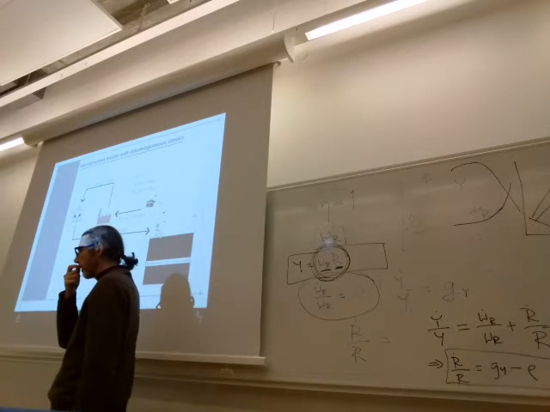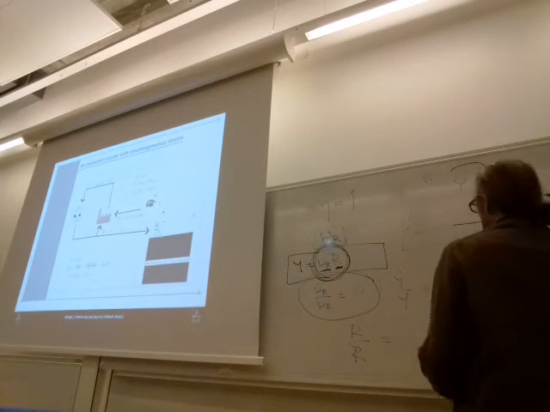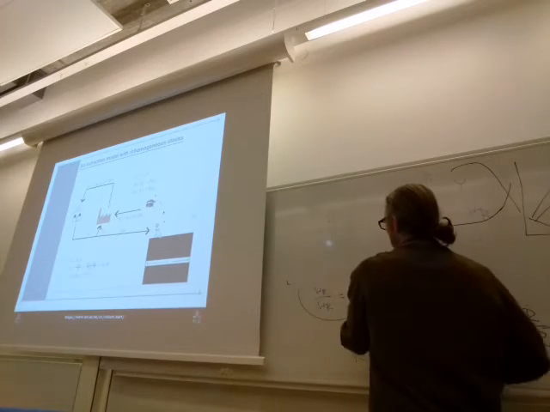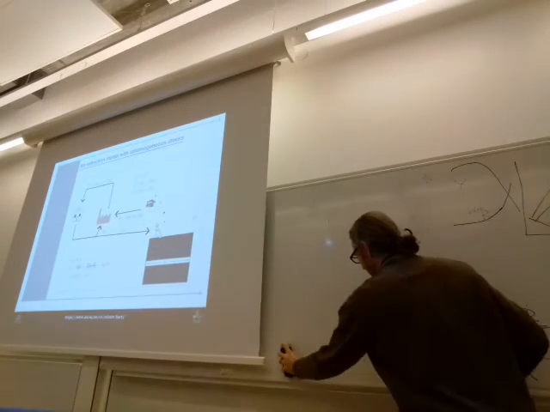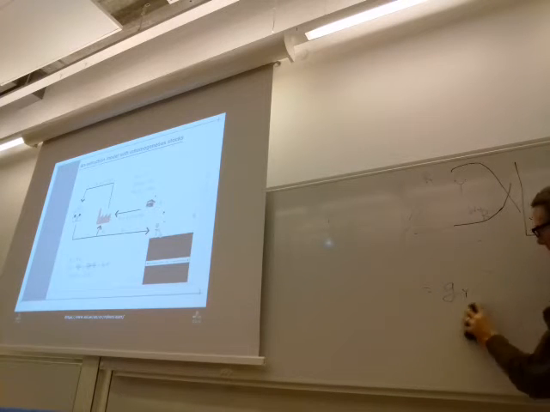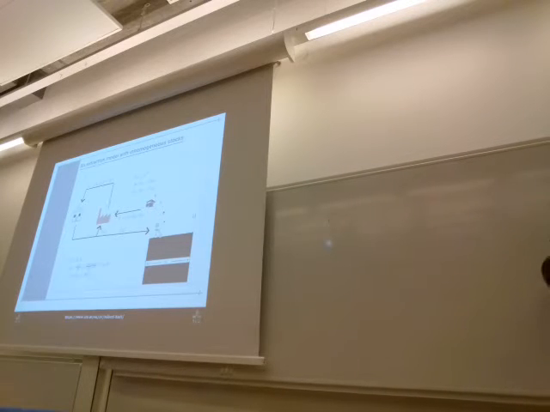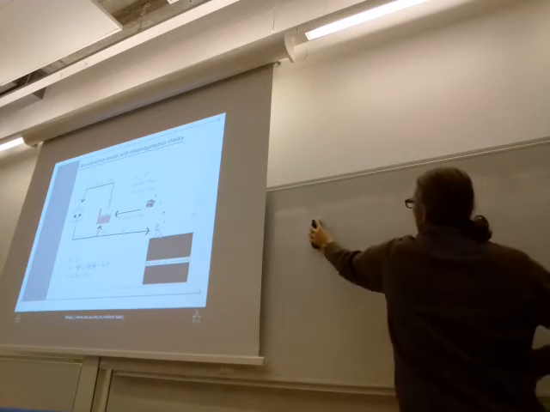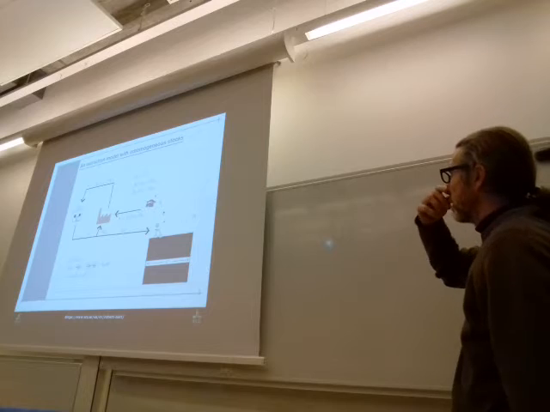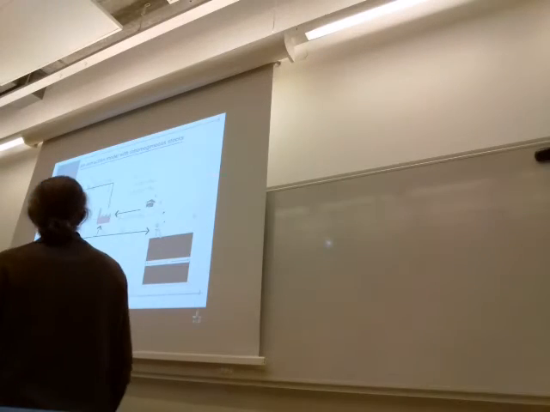So on such a growth path, if x is constant, what can we say about x dot over x? 0. Yeah, good. And if x is constant, what can we say about AX and AD?